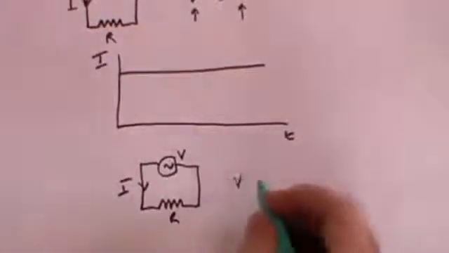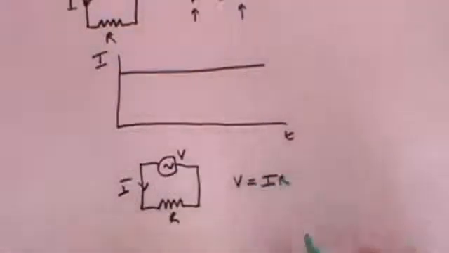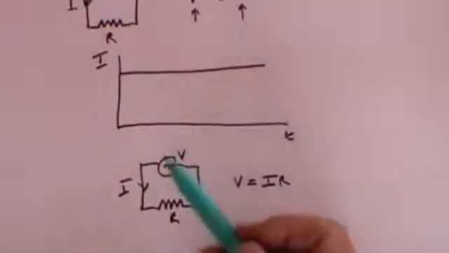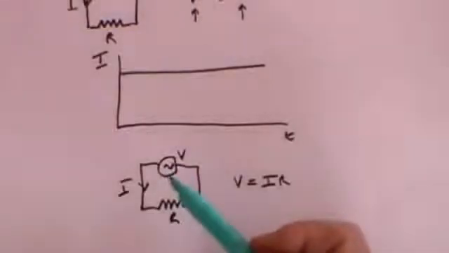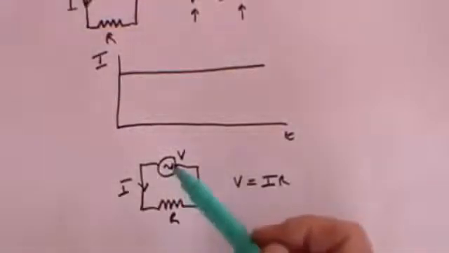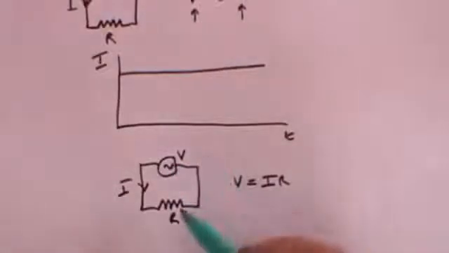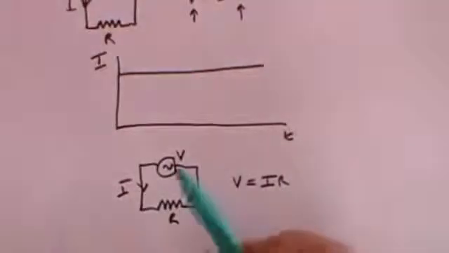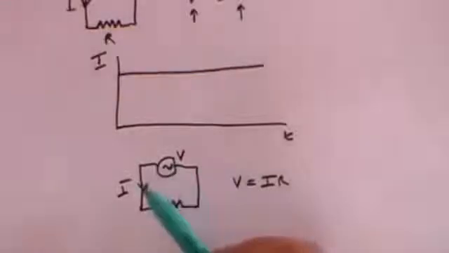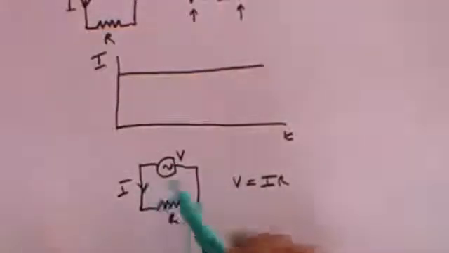And Ohm's law will still apply. V equals IR. But what you have to remember is that when you've got an alternating current, as we saw in the video that I've made on alternating current, the voltage is constantly changing. The resistance, of course, remains the same. So if the voltage is constantly changing, the current is constantly changing.